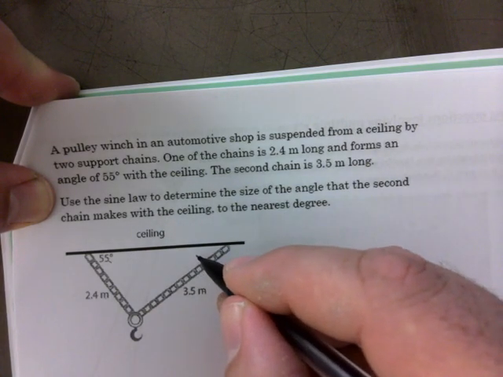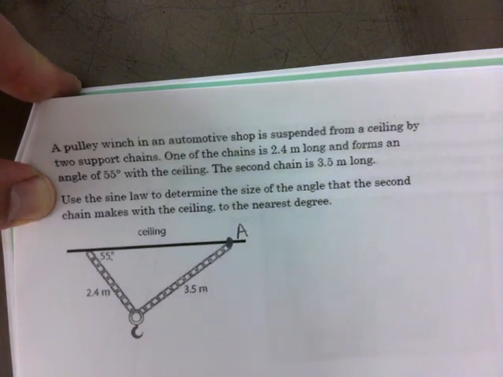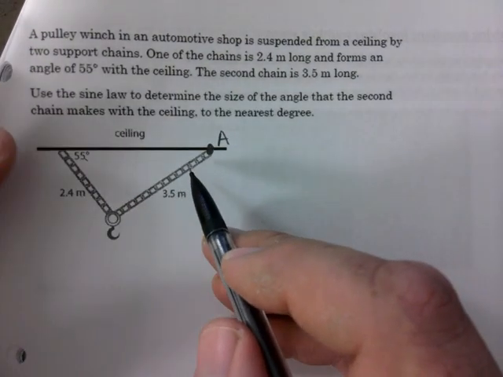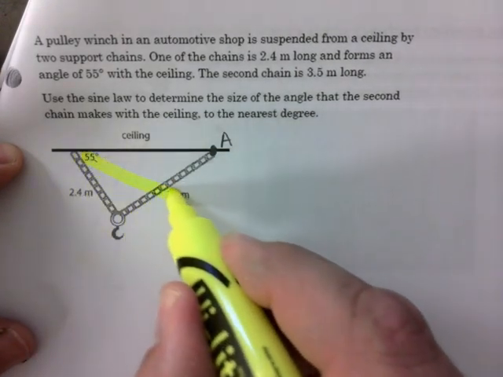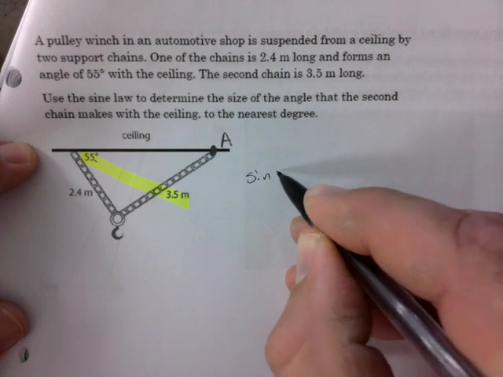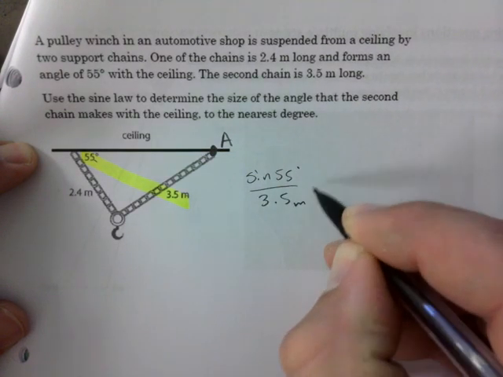So you can call this, we can call this A if you want, capital A. You can put a small letter in there, that's okay. So we have our pair. That's why sine law can be used here, must be used in fact. So you start the same way. Sine of 55 over 3.5 meters.